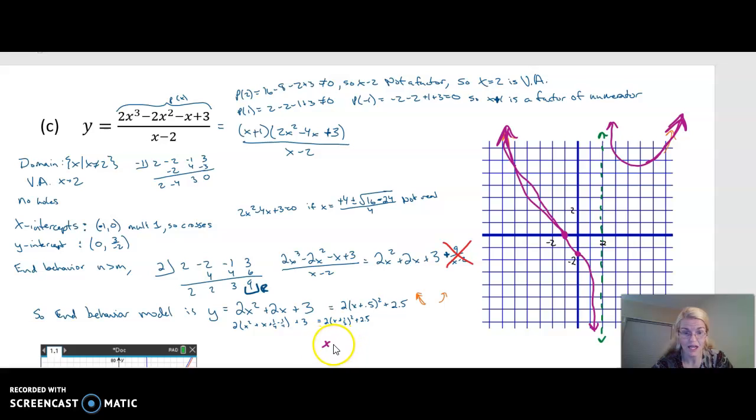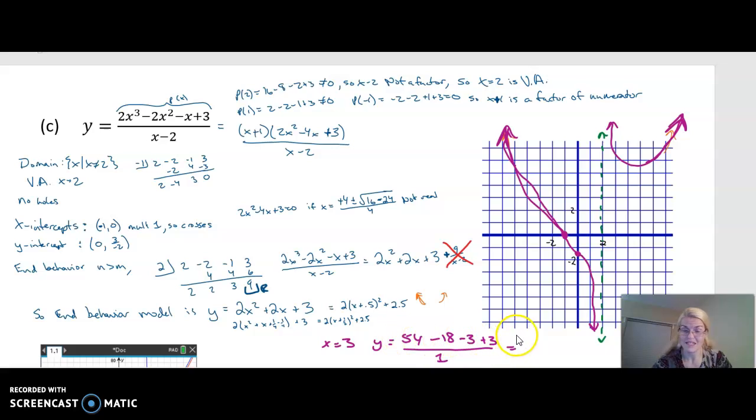So let's say when x equals 3, if I plug 3 in, 3 cubed is 27, 2 times 27 is 54, minus 2 times 9 is 18, minus 3 plus 3, all over 3 minus 2, which is just 1.